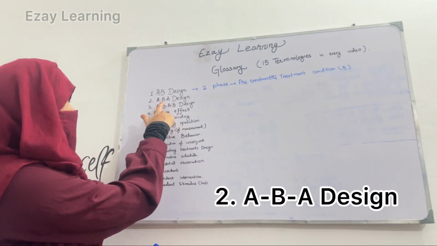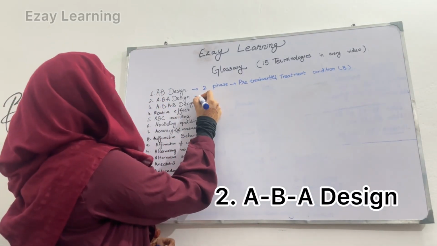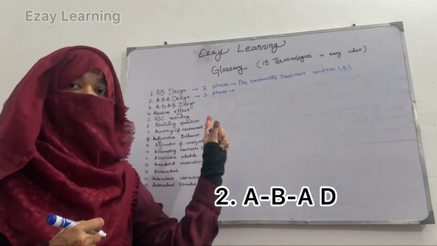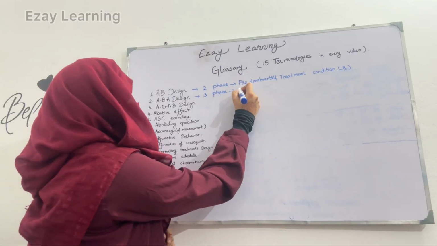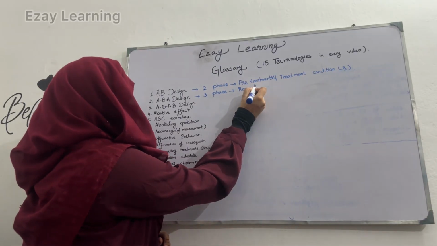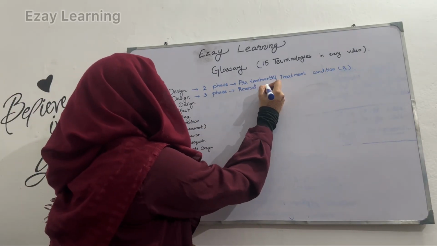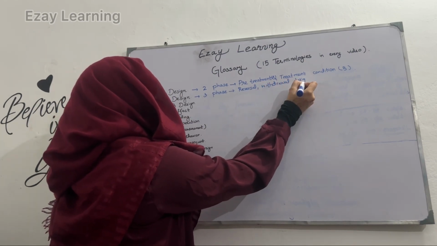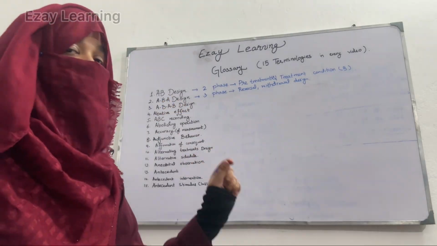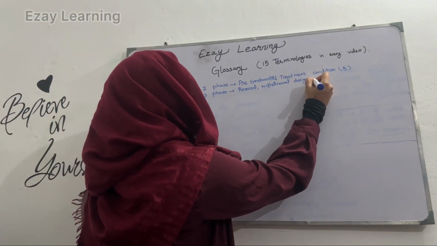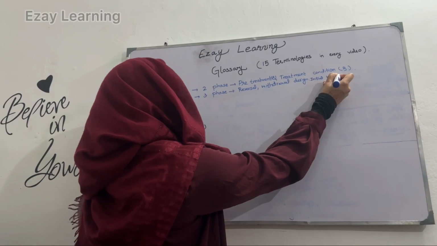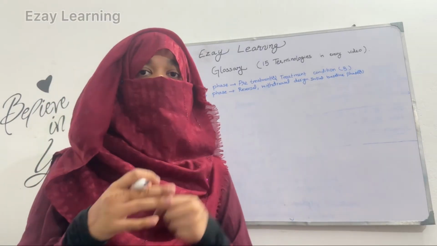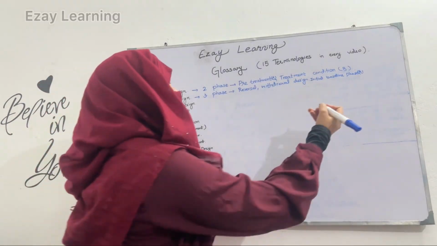Now coming to the ABA design, this means it has three phases. This is also known as a reversal or withdrawal design. Again, A would be the initial baseline phase, and B here would similarly be the treatment condition.